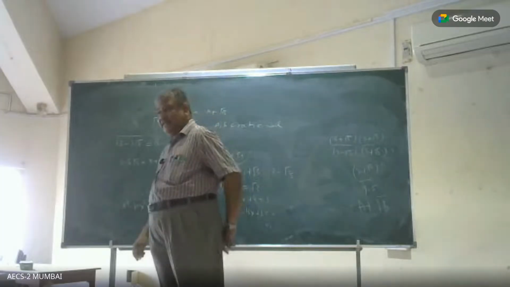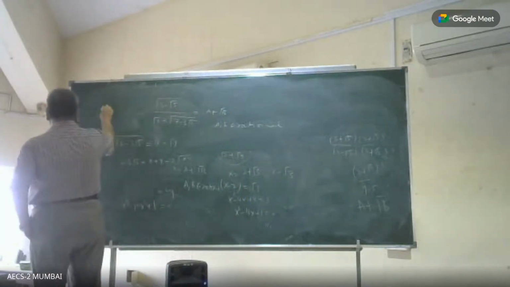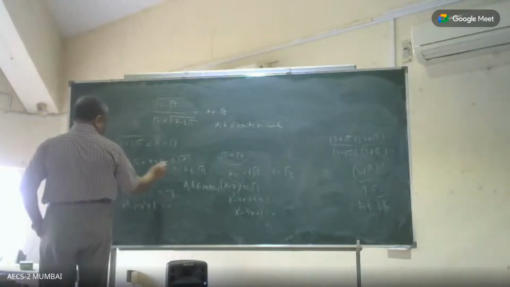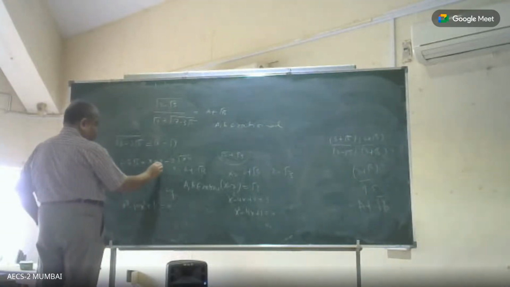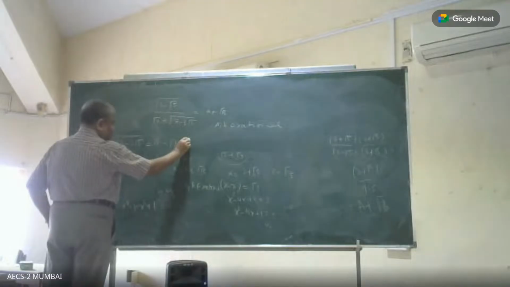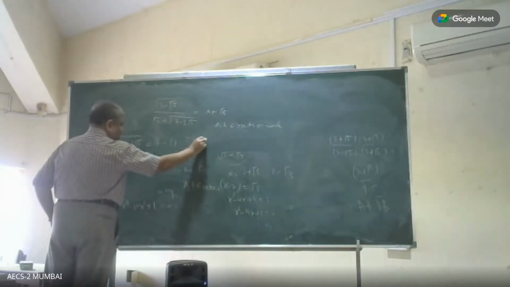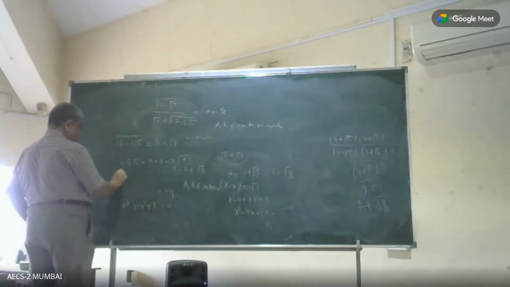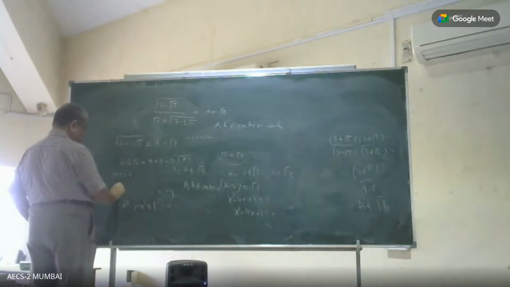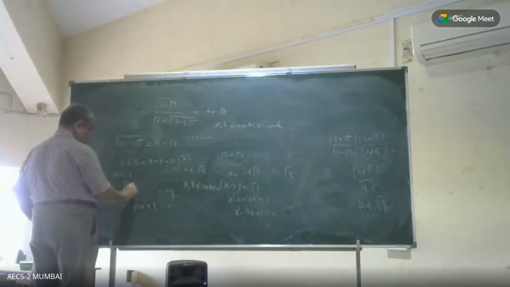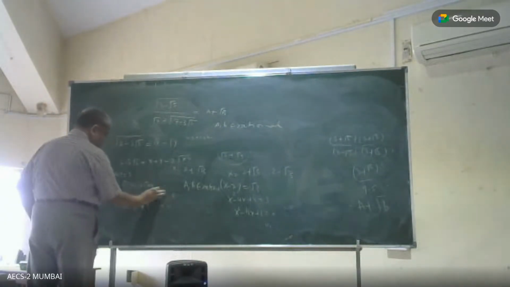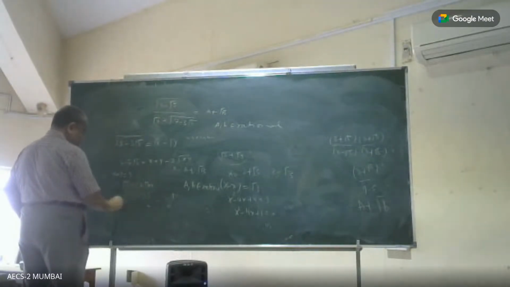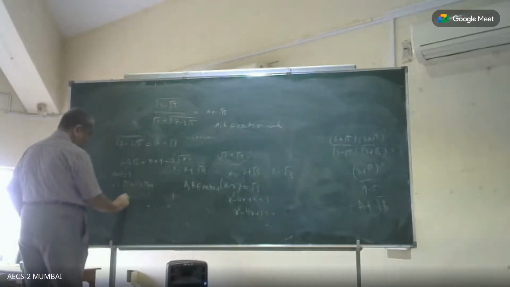Then one very interesting property of surds is, if x and y are rational numbers, the rational part will be equal to the rational part, and the irrational part will be equal to the irrational part. Then this minus goes away, so this is 9 and this is 45 by 4.